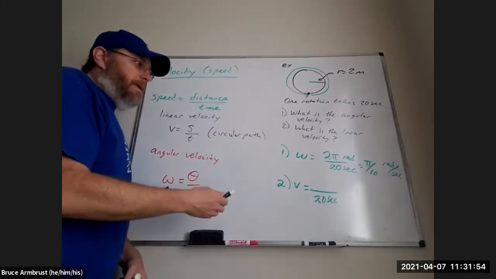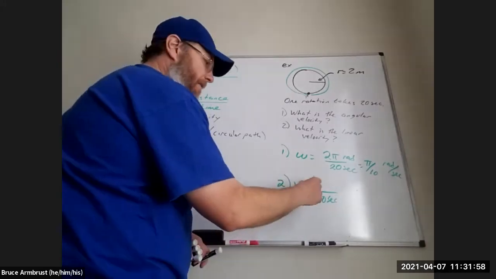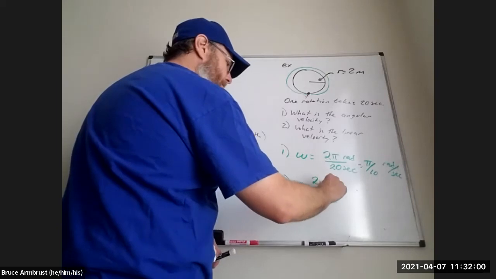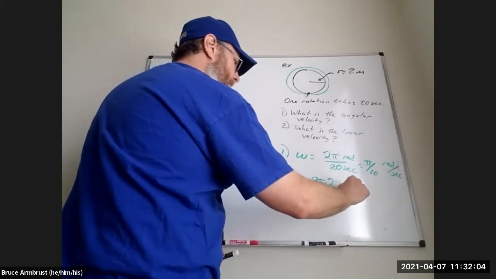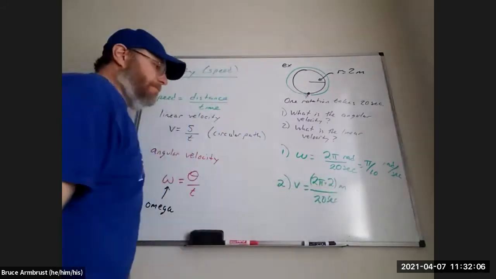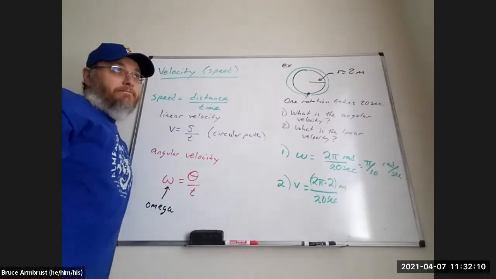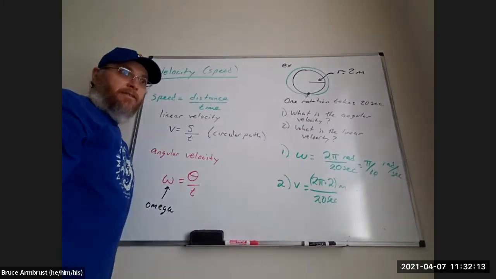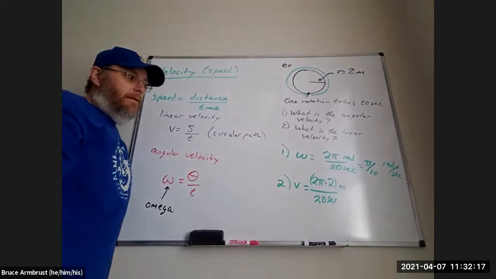So in terms of the distance, I don't have a calculator handy, so I'm just going to do it as 2 pi times 2 meters. All right, so it's 2 pi r. So 4 pi, so that's going to be around 12.5 meters, something like that. Okay.